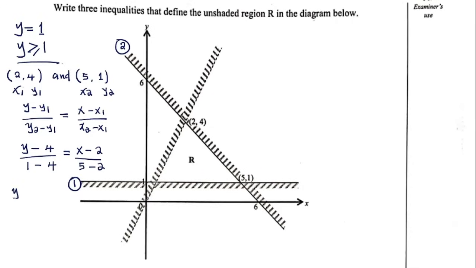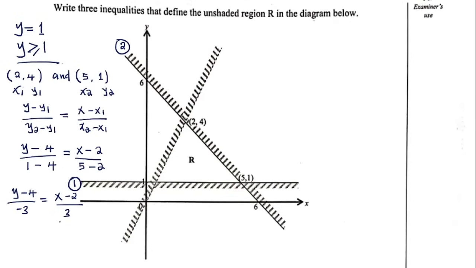So therefore we shall say y minus 4 over 1 minus 4, that would be negative 3, being equal to x minus 2 over 5 minus 2, that's going to give us 3.